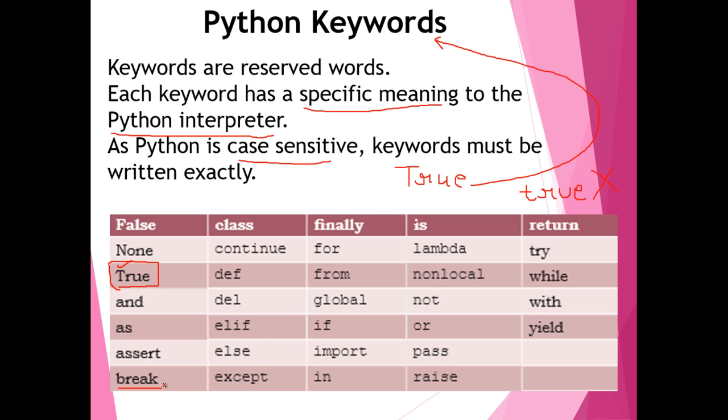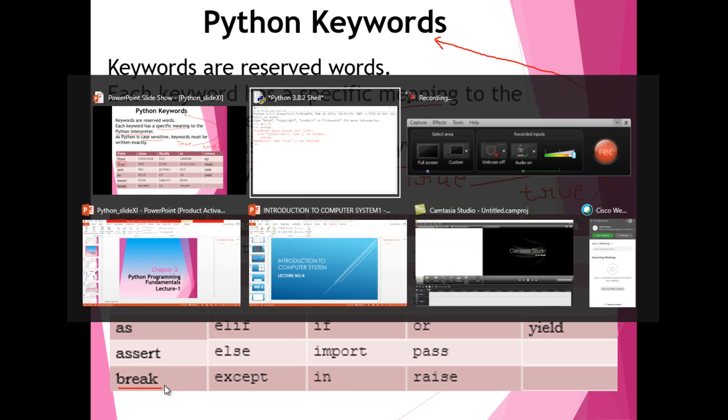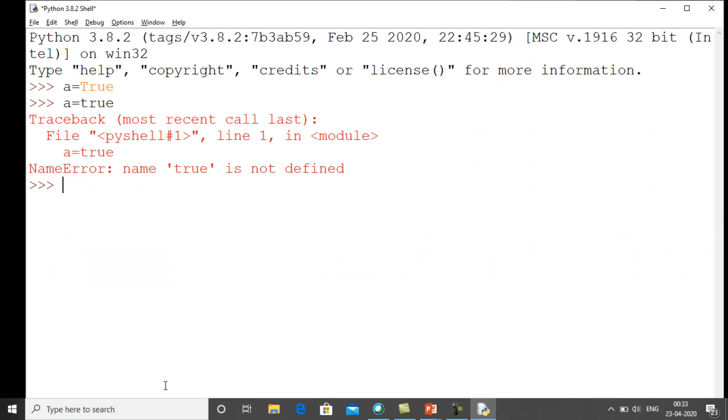But if I write even a single letter in capital, then the system will not treat it as a keyword. Suppose I write break is equal to 9. When I press enter, nothing will happen. But if I write Break is equal to 9, then you can see that there is a syntax error.